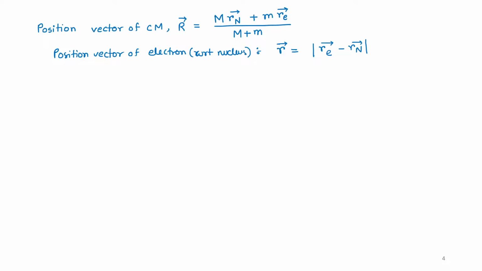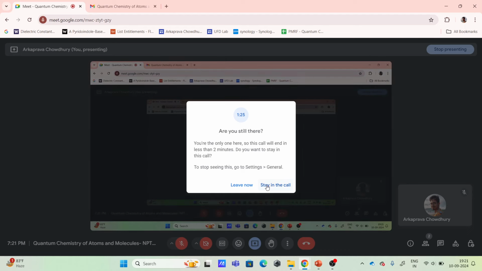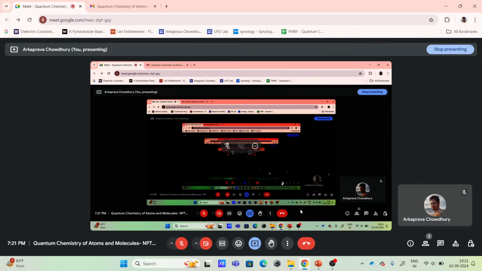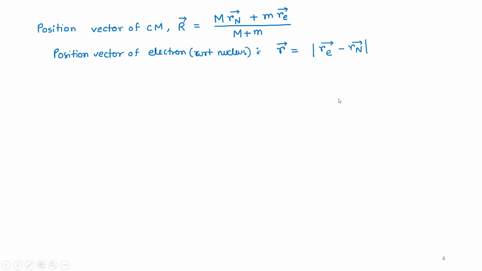So this is the position vector. Now these are the position vector of the center of mass and the position vector of the electron.